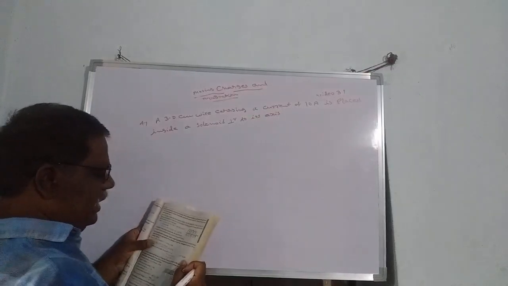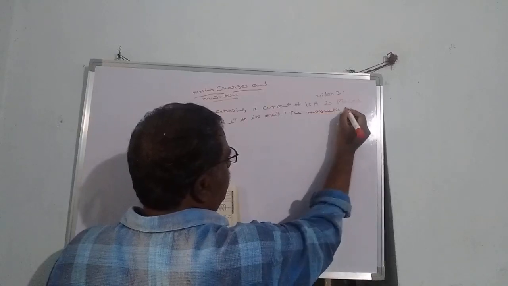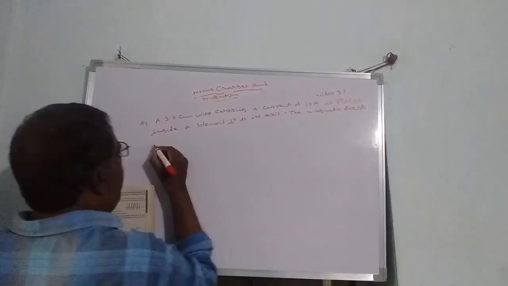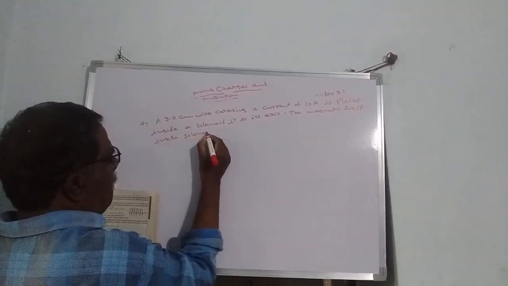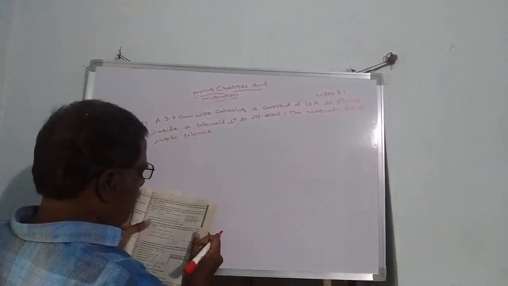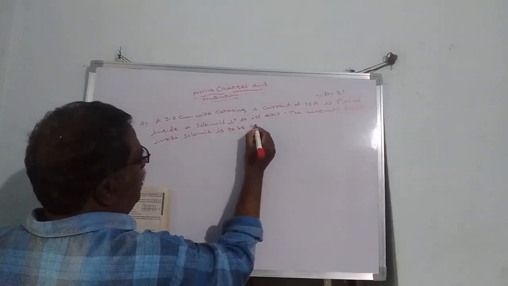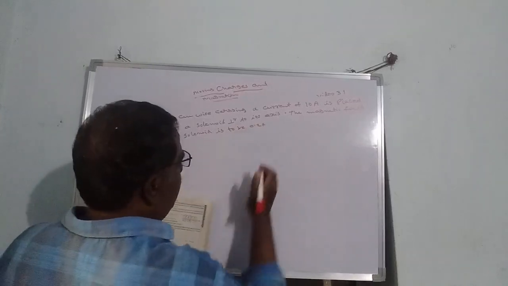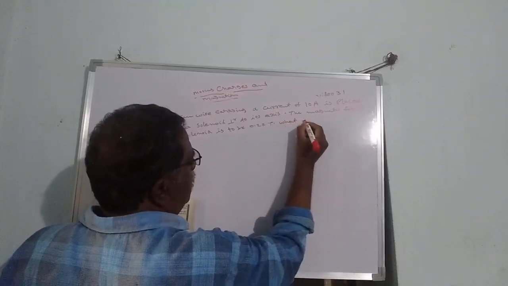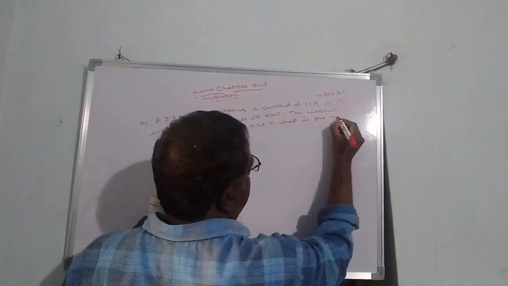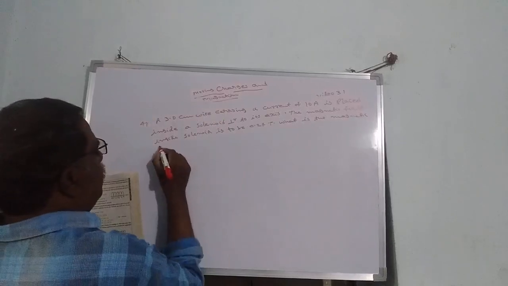The magnetic field inside the solenoid is 0.27 Tesla. What is the magnetic force on the wire?